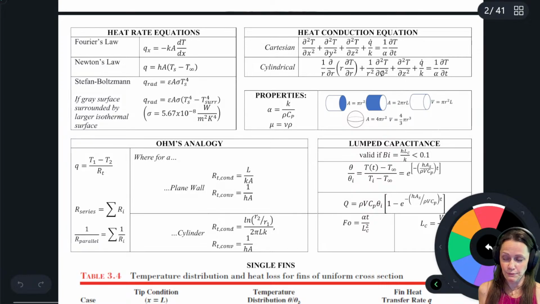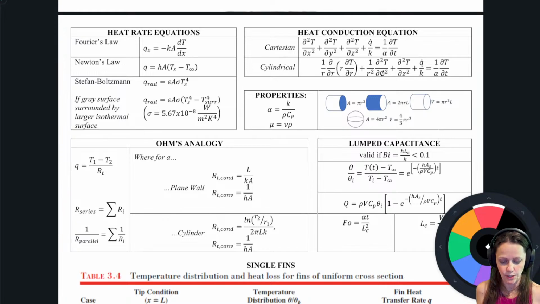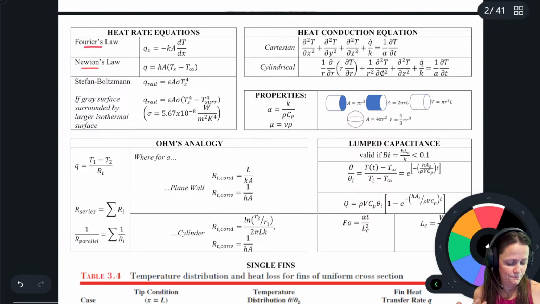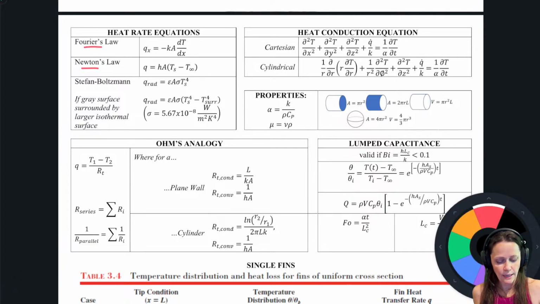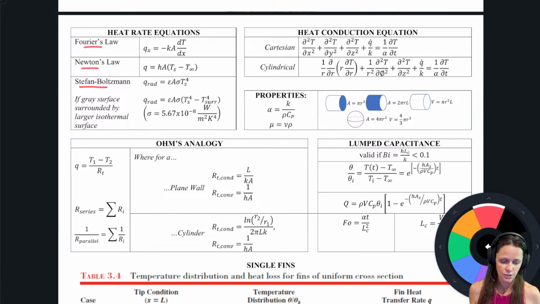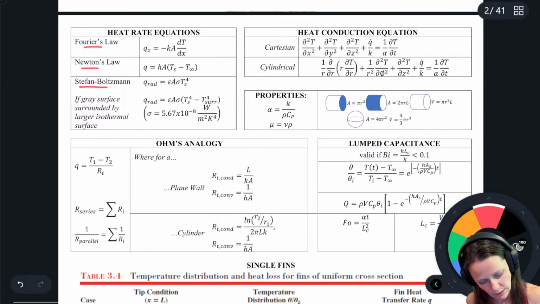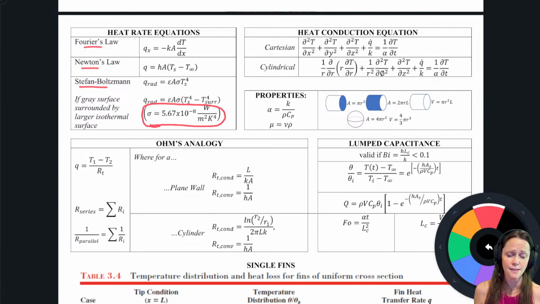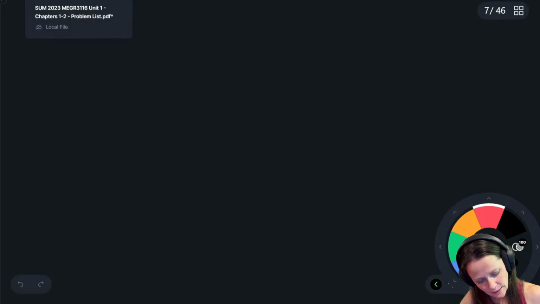In the upper left-hand corner, you've got Fourier's law, which is for conduction, Newton's law, which is for convection, and then you've got the Stefan-Boltzmann law, which is for radiation, and that Stefan-Boltzmann constant is right here. Again, you don't have to memorize it, but it's a pretty easy number to memorize: 5, 6, 7, 8.